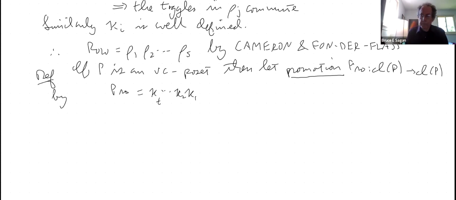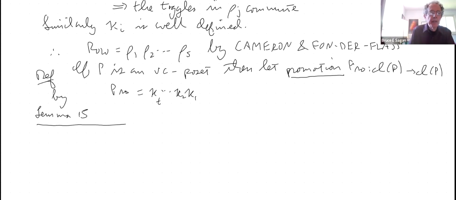So we want to relate these two operators. To do so, we're going to need a lemma. So this lemma can be found in a paper of Hopkins and Humphreys.